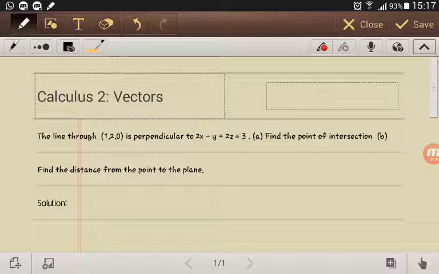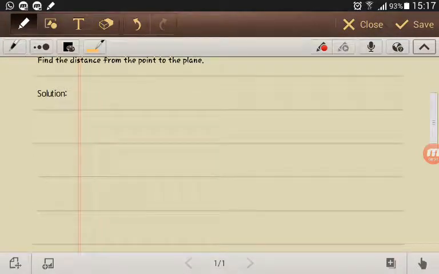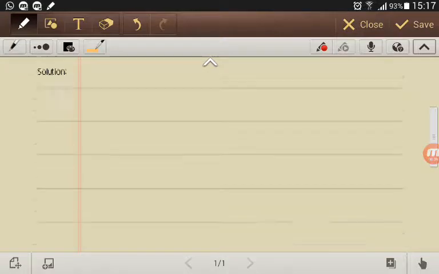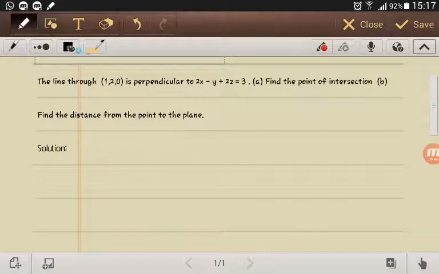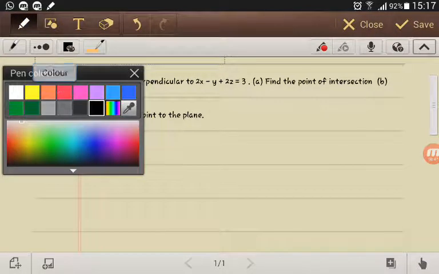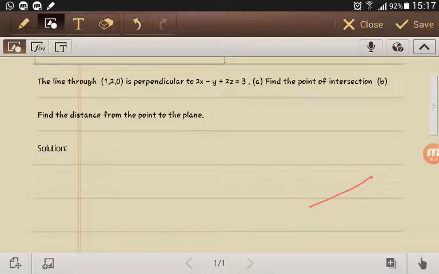Okay, that's fine. So what we're going to do here is first do a quick sketch, because they want a plane and a point. This will be our plane.